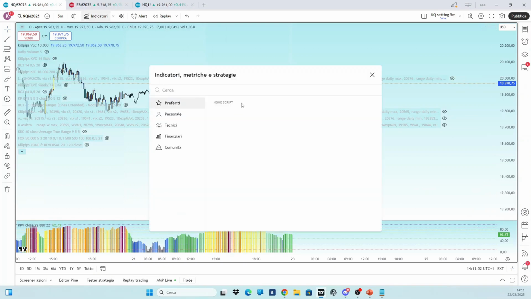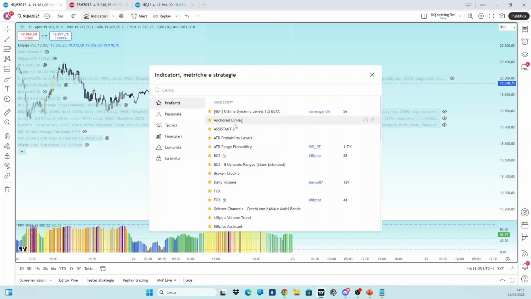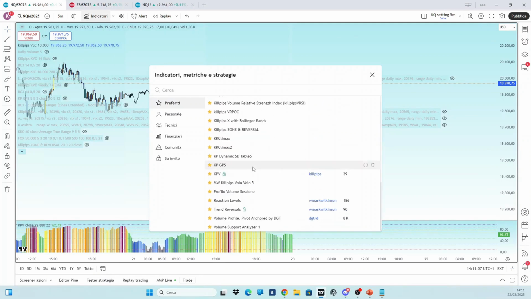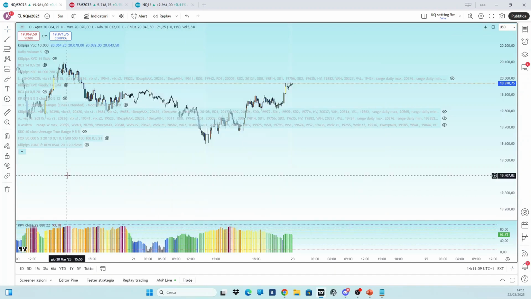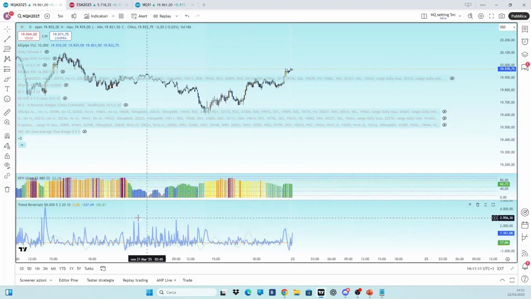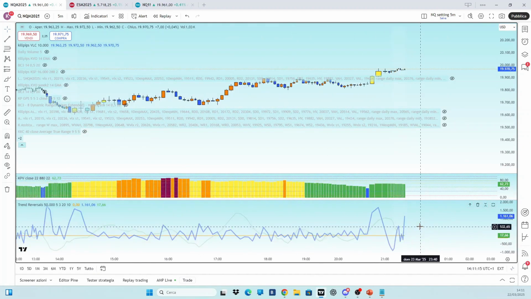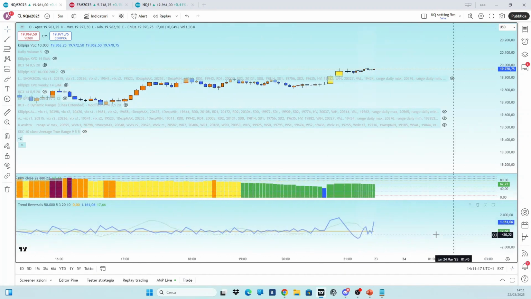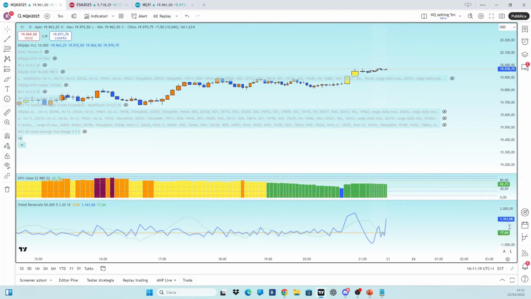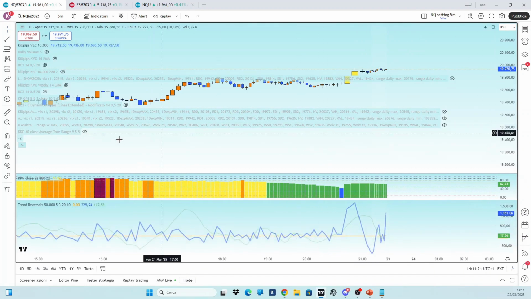I also wanted to show you the trend reversal that I previously neglected in the video of the free ones. Trend reversal. Basically, it's an indicator that always captures for us, based on calculations using linear regression, the ongoing movement.